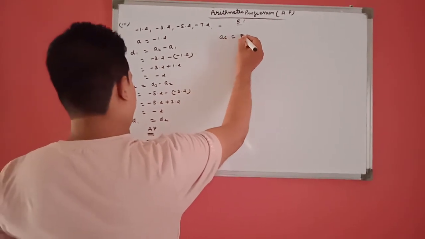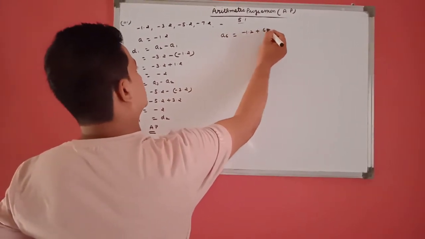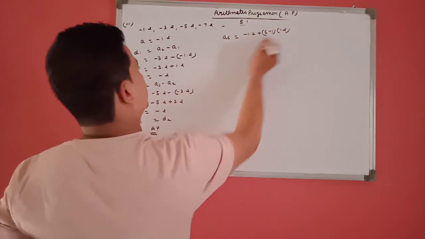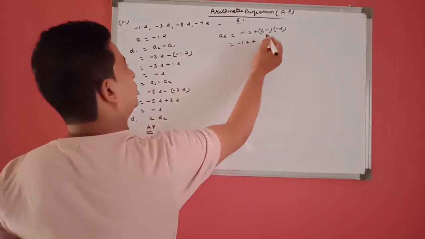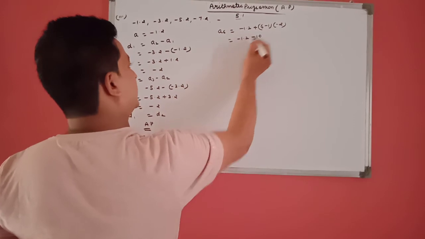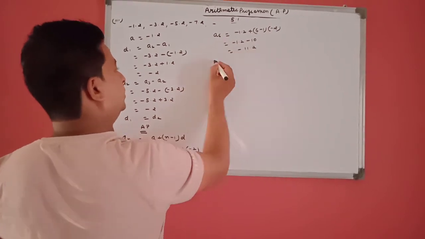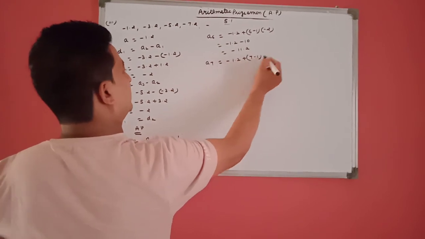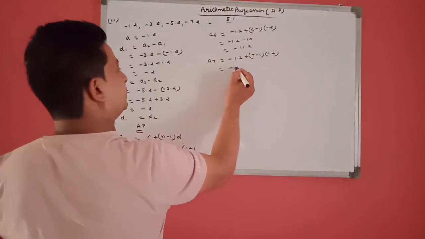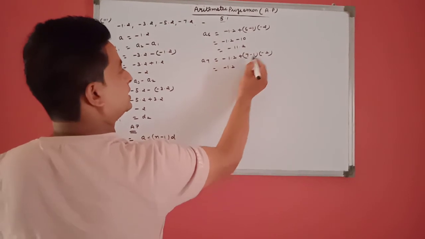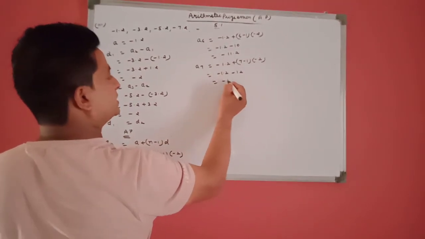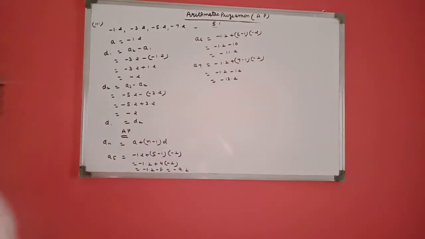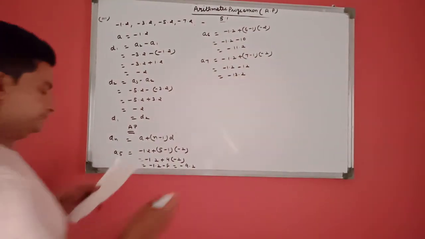A6: a is minus 1/2, (6 minus 1), d is 2. So this is minus 1/2 plus 10, which is 19/2. A7: a is minus 1/2, (7 minus 1) times d, which is minus 1/2 plus 12, which is 23/2. These are the next three terms.